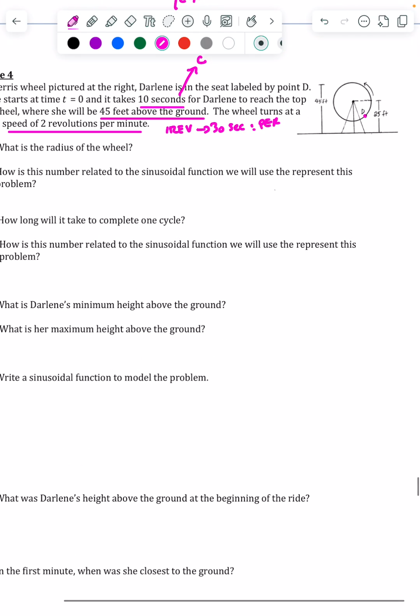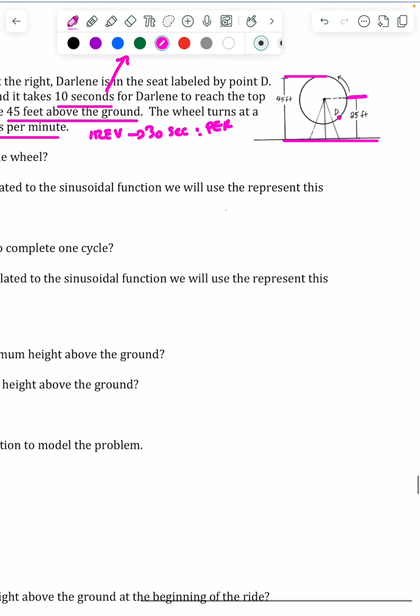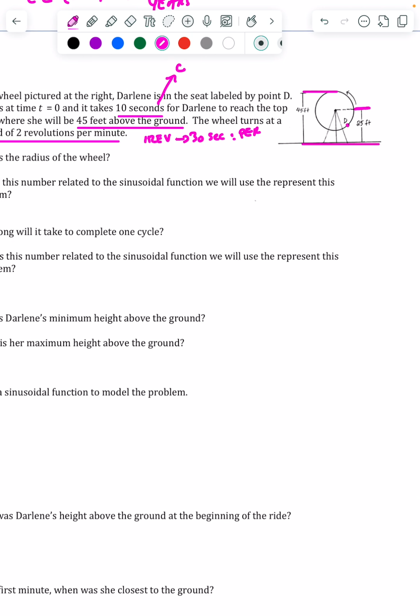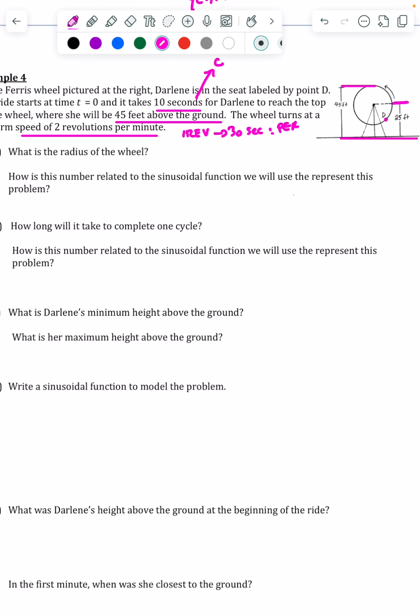Now, just be careful here. Notice the 45 is from the top of the Ferris wheel to the ground, right? And then there still is 25 feet from the center of the wheel to the ground, which means if this entirely is 45 and then 25, then the difference between them, if I subtract them, I'll get this piece, which is the radius.